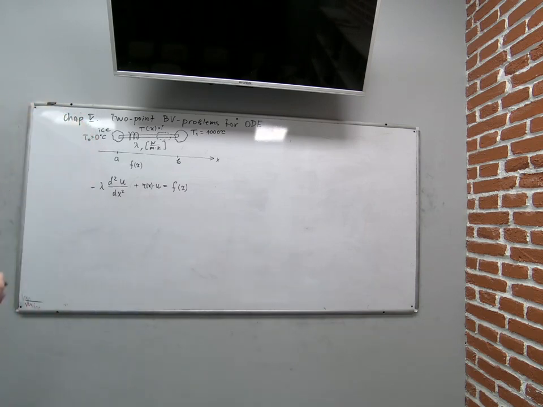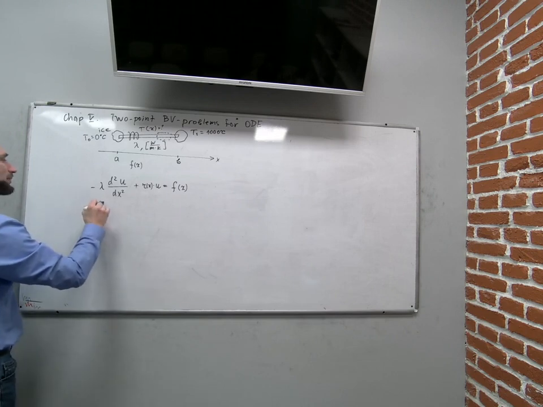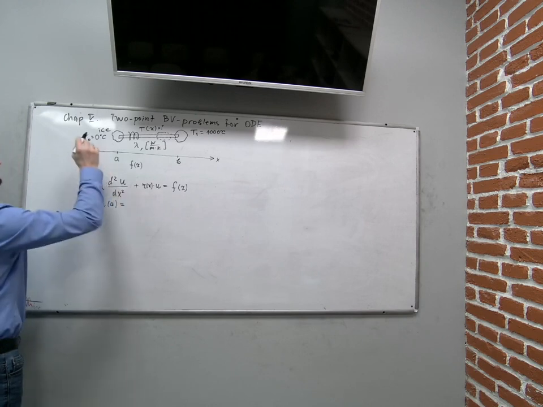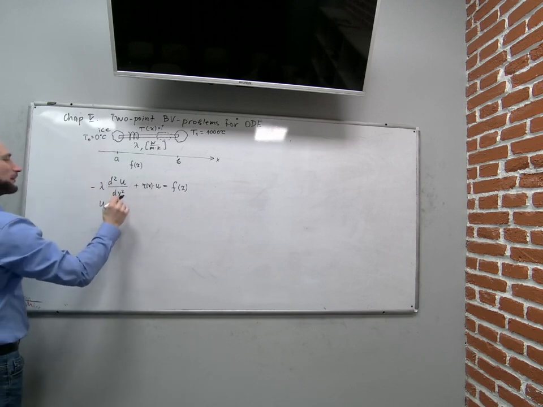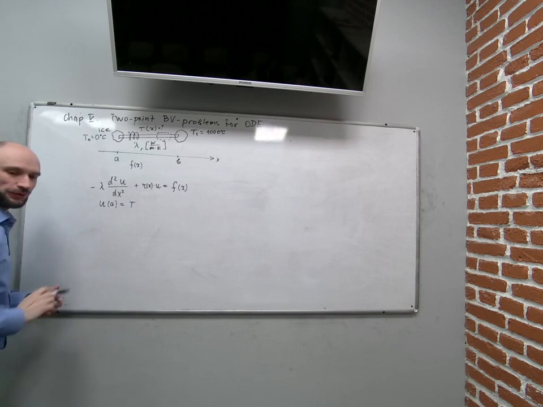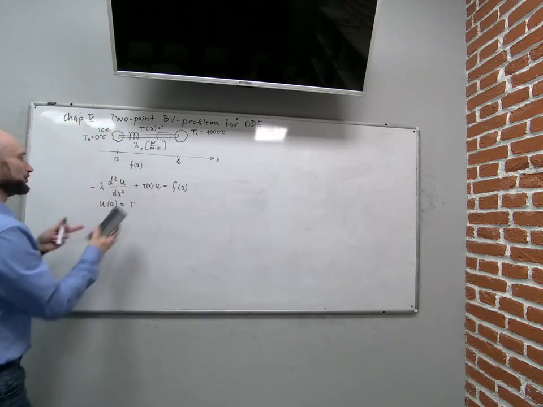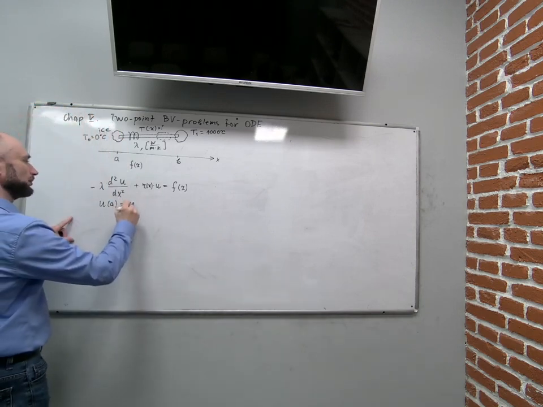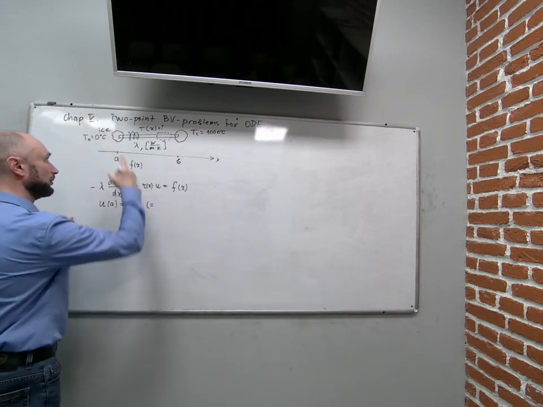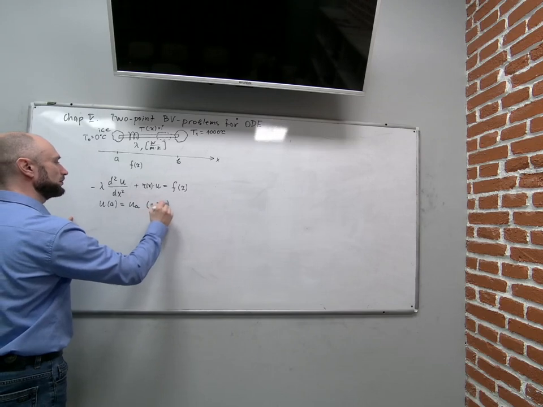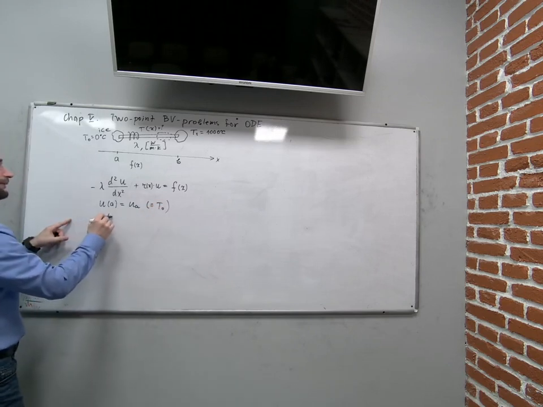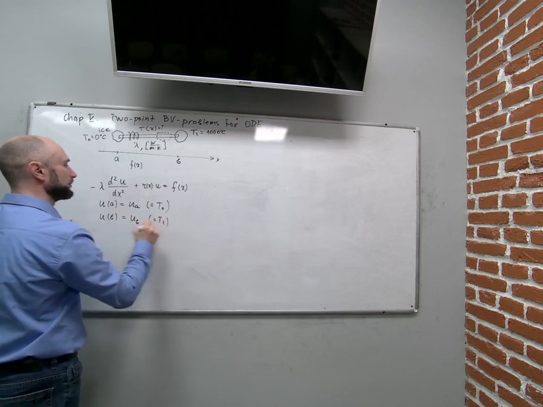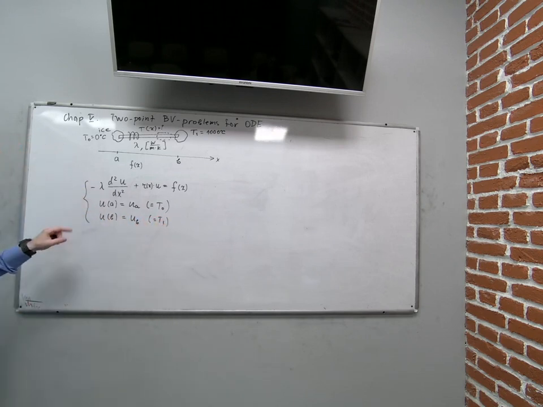So, as I said, on the ends we have a fixed temperature. Let's call it UA, and in our particular case it is T0. And on the other end we have UB, which in our particular example is T1.